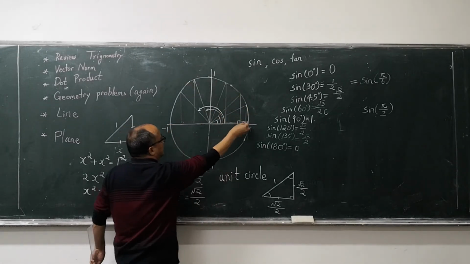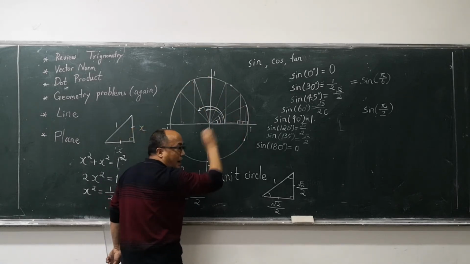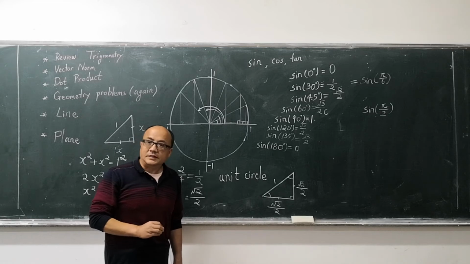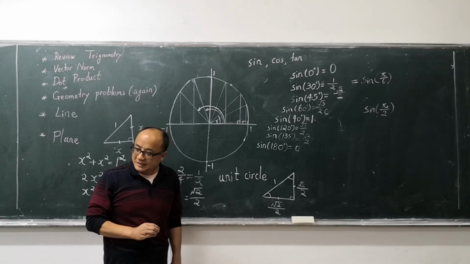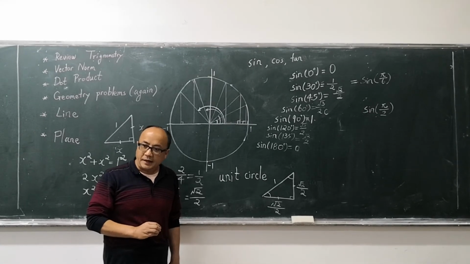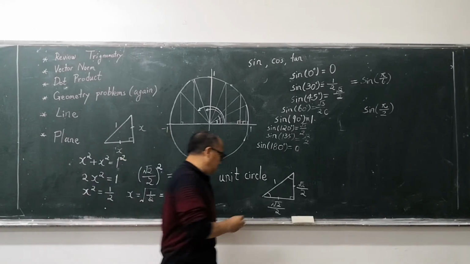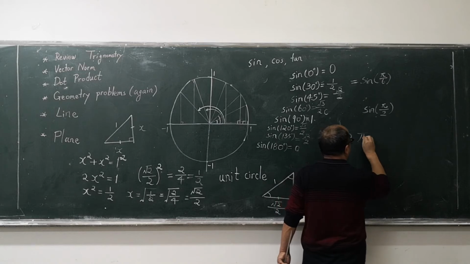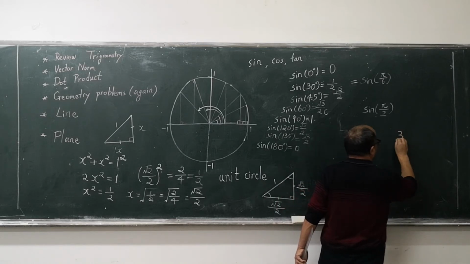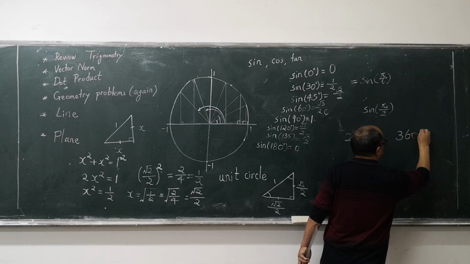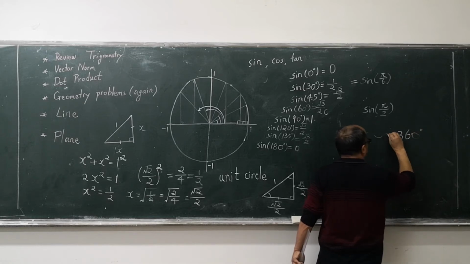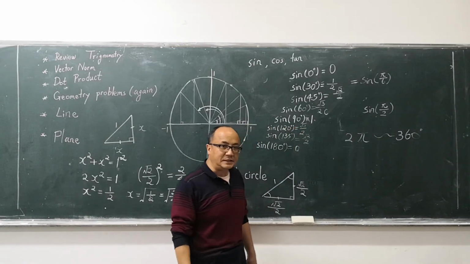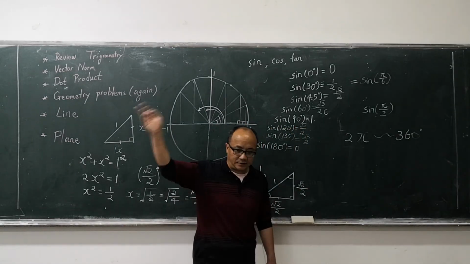The whole length is 2 pi. And what is that in degrees? 360 degrees. So we start from 2 pi is 360 degrees. 2 pi corresponds to 360 degrees, which is the whole circle.